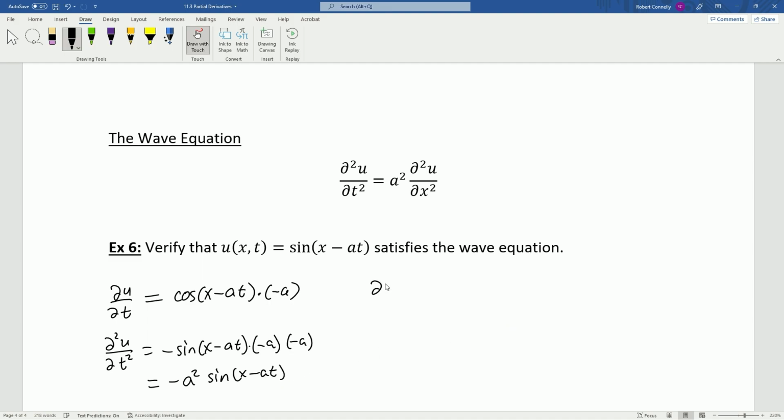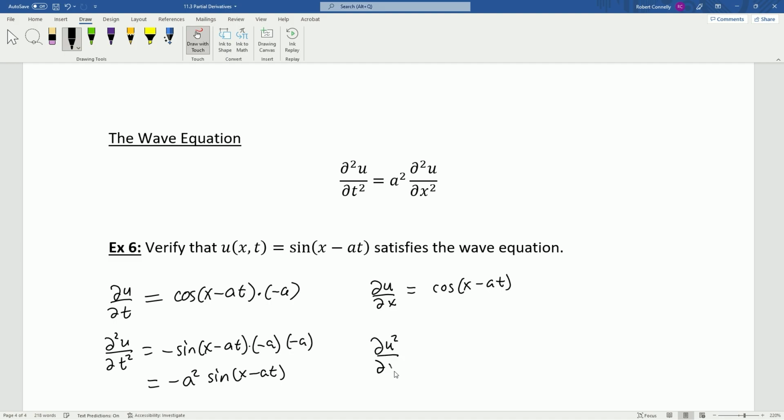Now if we take the partial derivative with respect to x, okay, what do we get here? We get cosine of x minus at. And if we applied the chain rule, the derivative of the inside would just be 1, so we can skip that.